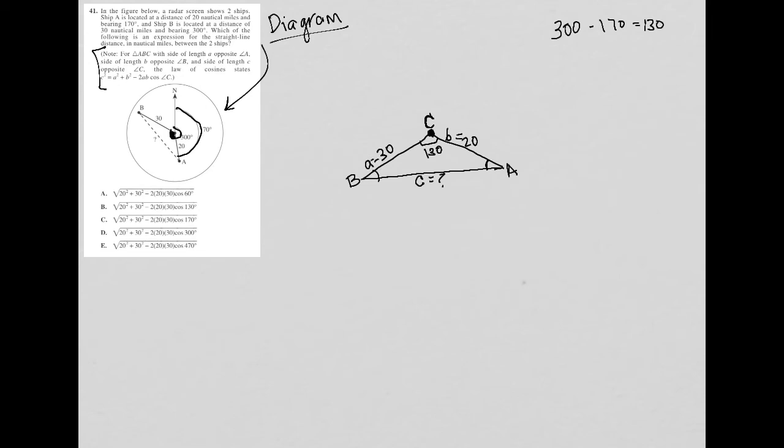The law of cosines states that, and again, anytime I see a formula, I'm going to write it down. So C squared equals A squared plus B squared minus 2AB cosine of angle C. All right, so how can I use that given what I have? Well, C squared is the side that I'm trying to find, so I'm going to leave that as C squared equals A squared.